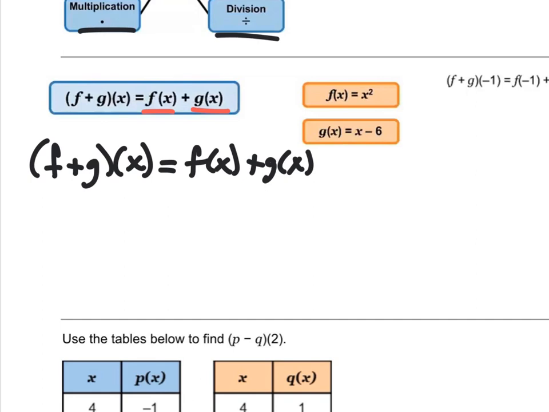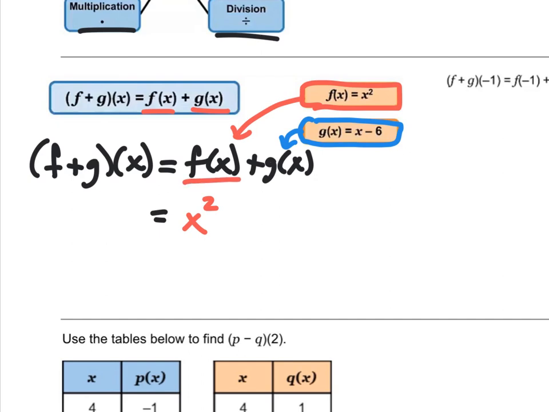I'm going to replace f of x here with x squared, and then I'm going to take g of x, which is x minus 6, and plug it in for g. So let's take a look at what we get. We take x squared, which is my function for f, and then I add the function x minus 6.